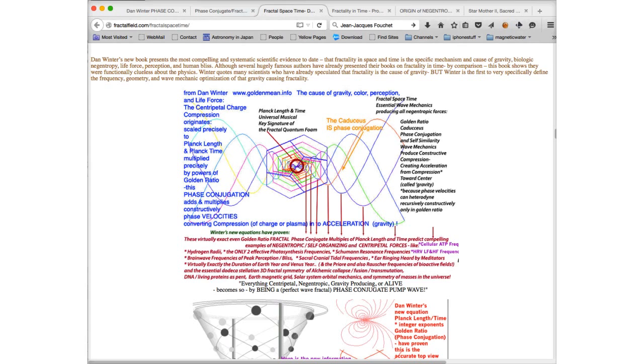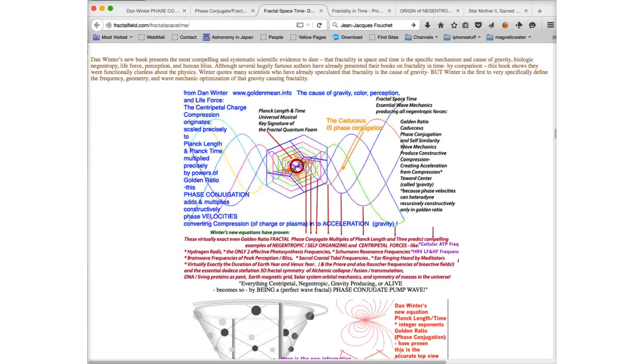The new information is if you take that musical key signature and you multiply it by whole number powers, integer exponents, of golden mean ratio, you get almost every negentropic phenomena, self-organizing life force that we know of. And that is my work in a nutshell, that statement.